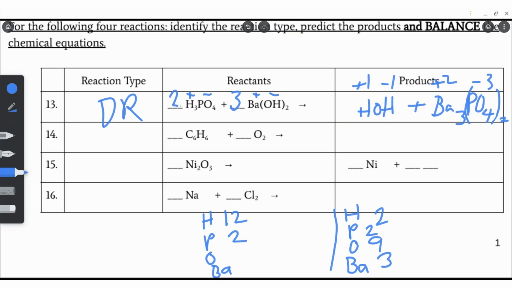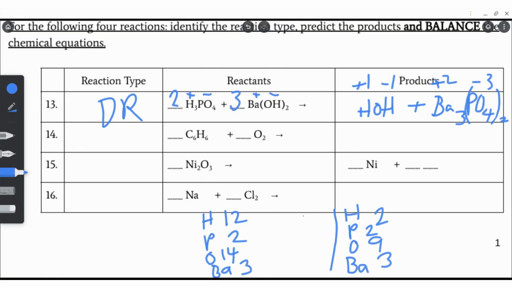Our oxygens, we have 8 as part of the phosphoric acid, and then we had 2 times 3, so now that's 14. And then barium, we now have 3.